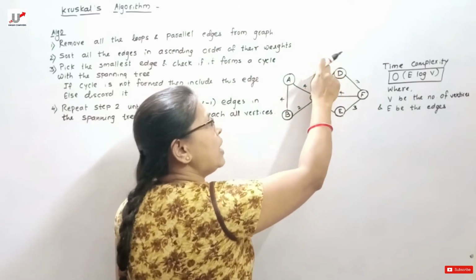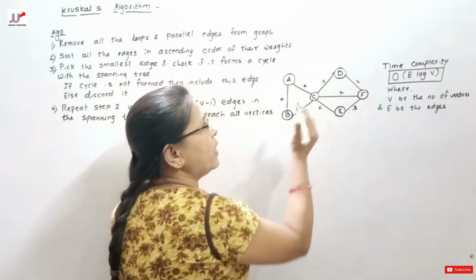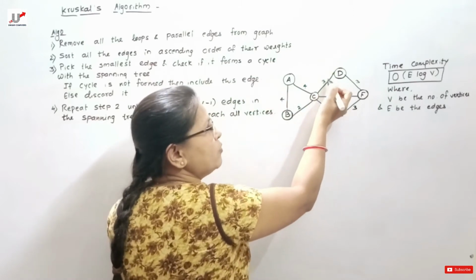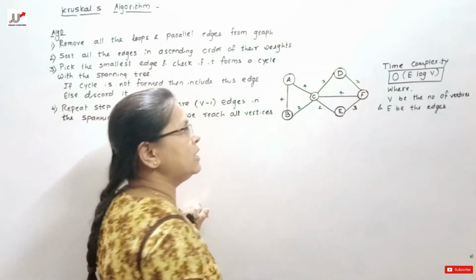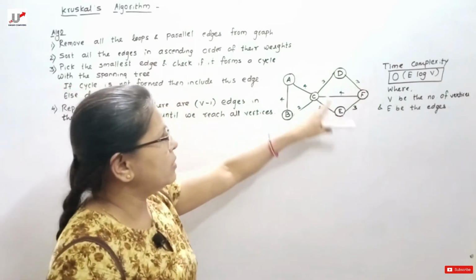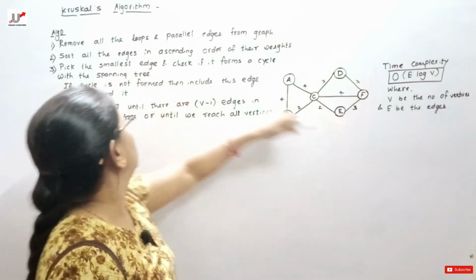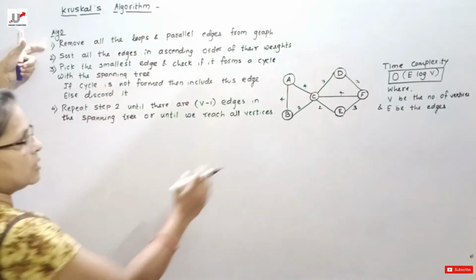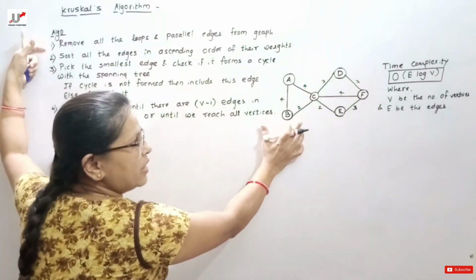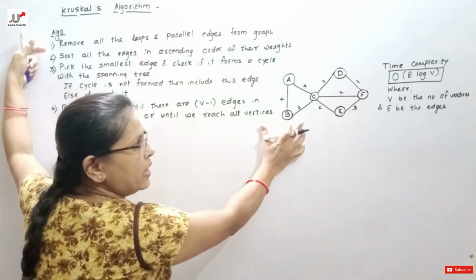So we remove the edge having weight 5 and keep the edge with weight 3 between C and D. After removing the parallel edge and loop, the graph will look like this.